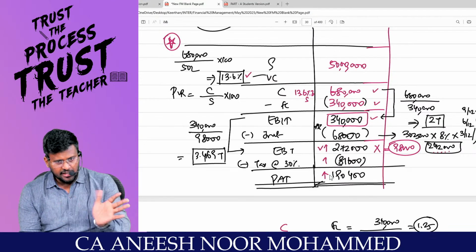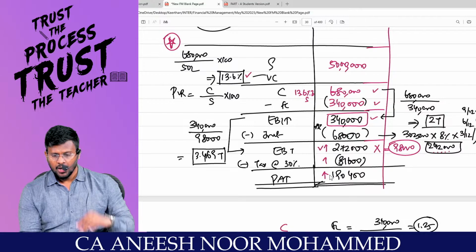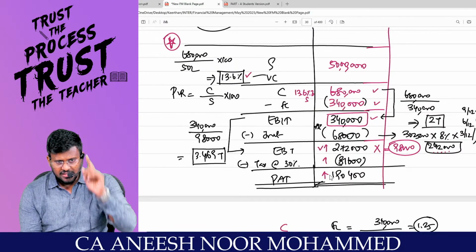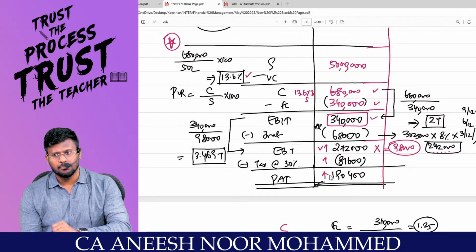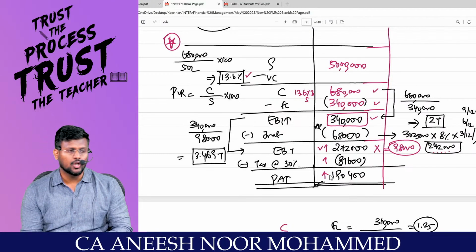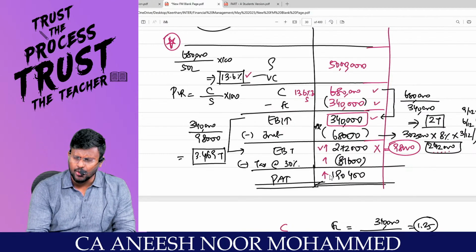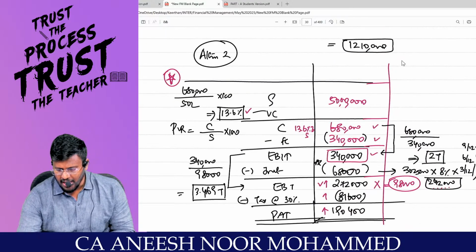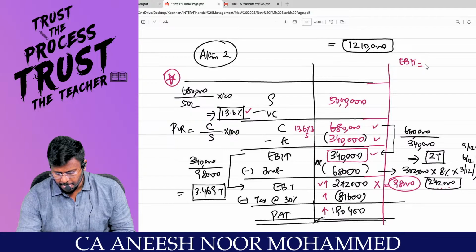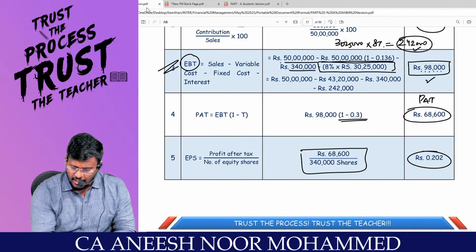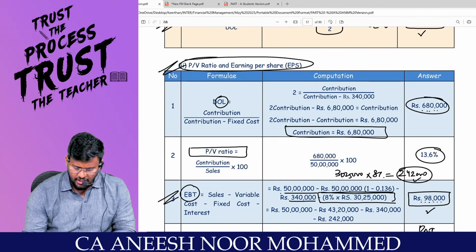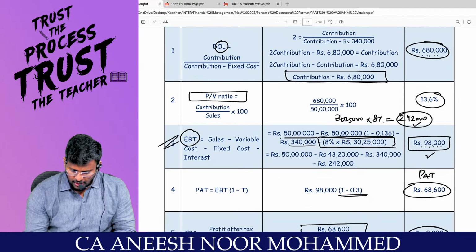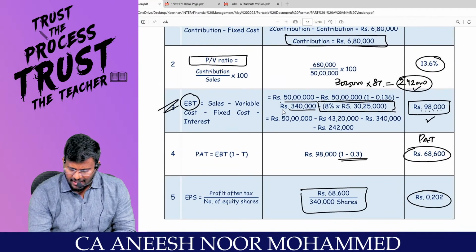But ICAI is saying that no. Hello, sir. But after doing the ICAI answer, sir, operating leverage will match. But financial leverage will not match. Are you really with me? If you want, you can check it. Sir, what is the EBIT of ICAI? 3,40,000. There is no change about it, right, sir? Here you have EBIT, 3,40,000.